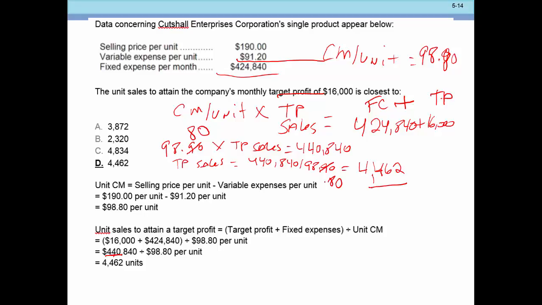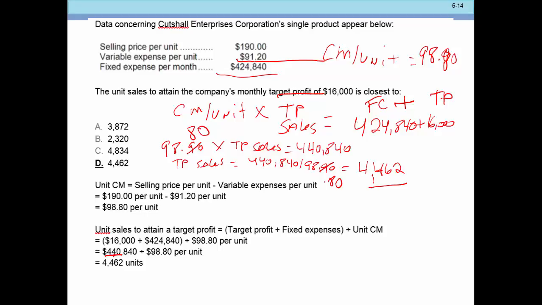Did 440,840 divided by 98.80 come out exactly to 4462? What'd you get? 4461.994. So we rounded up, didn't we?